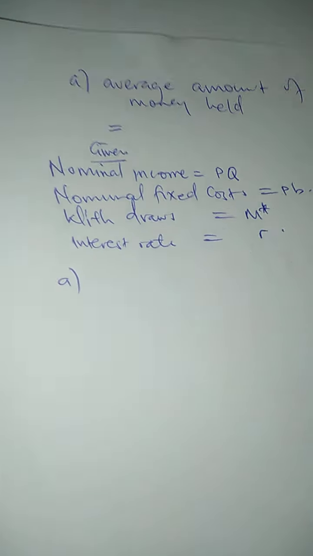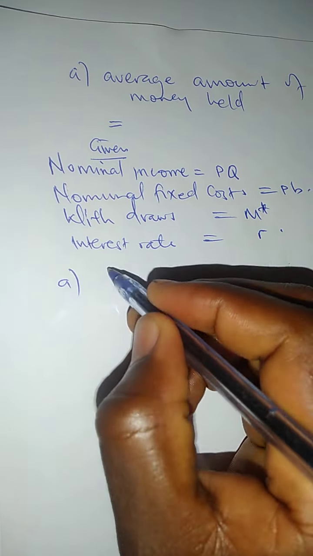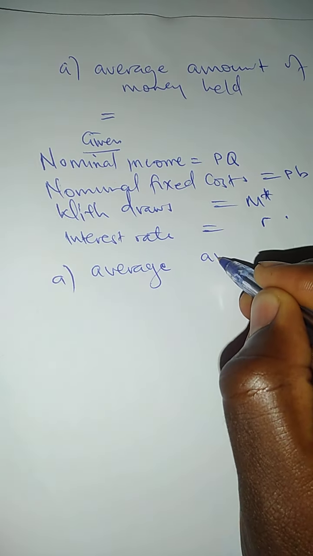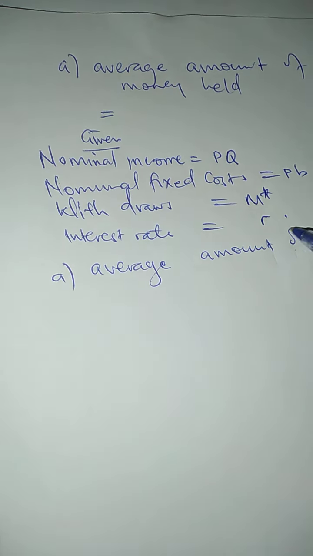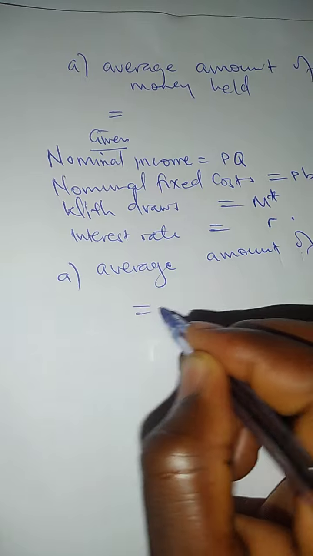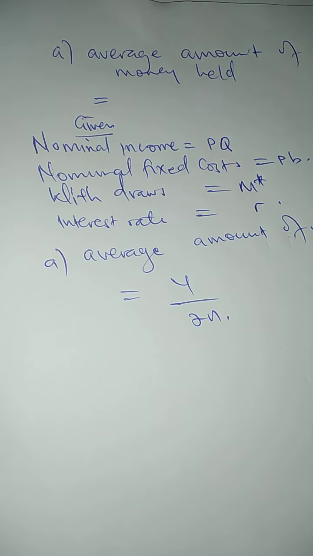But remember, for part A, the average amount of money held is equal to Y over 2N. That is the formula.